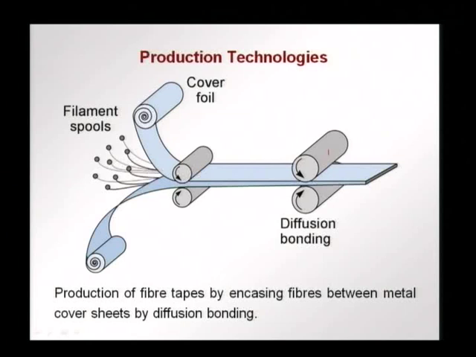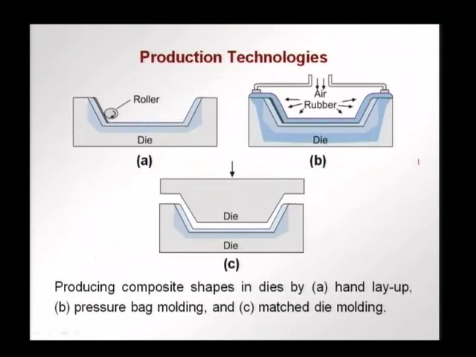Remember we had talked about diffusion in the movement of atoms and also in changes in the microstructure, where you have fibers embedded in a resin that is coming as a foil, pressed together possibly with some temperature, and you end up having a composite in terms of a tape which is used to reinforce then the structural system.